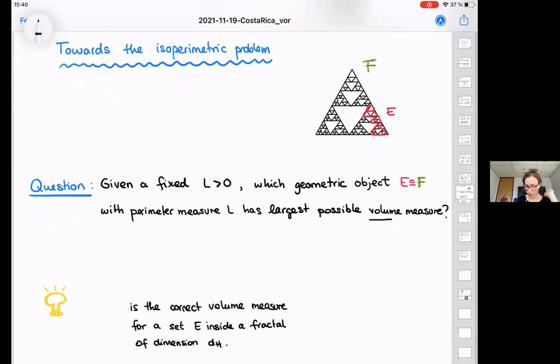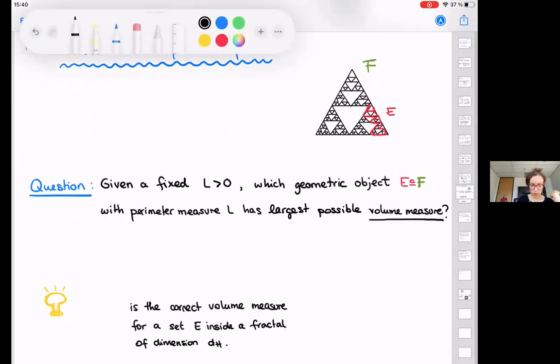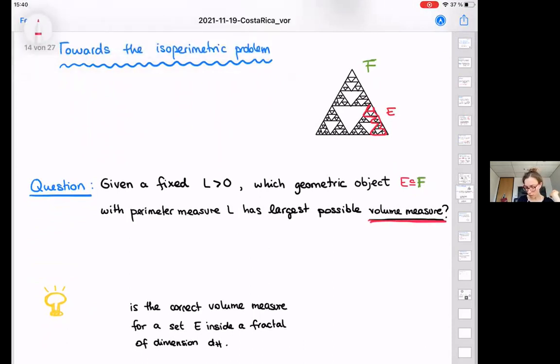When we talk about the volume measure now, what we are going to say is, okay, instead of volume, for the volume measure, what we are going to pick is the Hausdorff measure with the correct dimension. So the Hausdorff dimension tells me what is the correct dimension to choose the volume measure here.